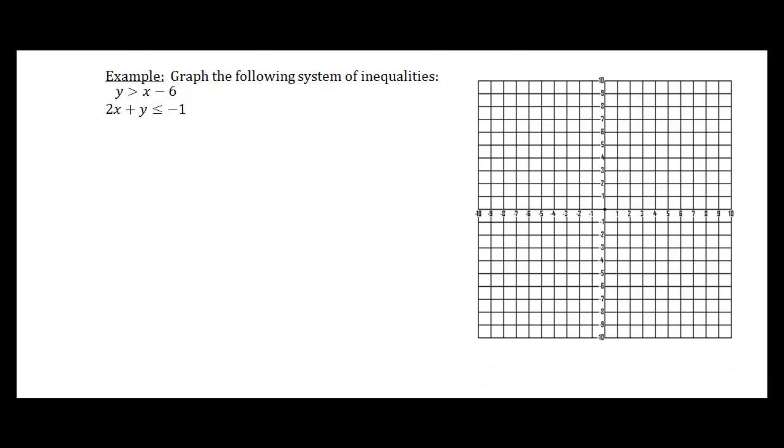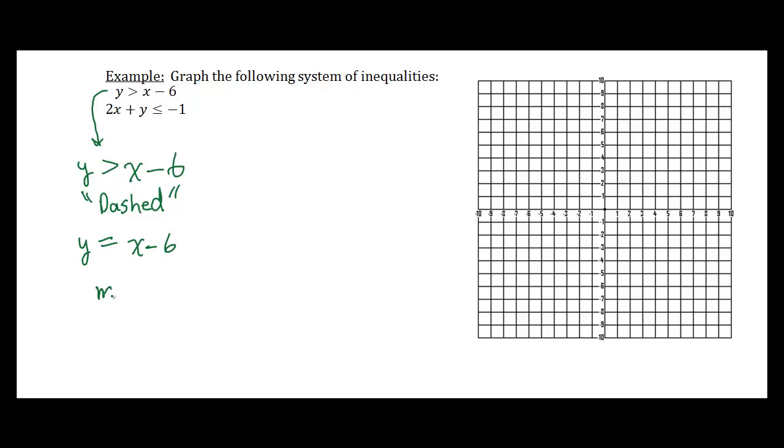Let's look at this example here. All right, well, we have the inequality y is greater than x minus 6. All right, when I see that, I know I'm going to have a dashed line. And what I'm actually going to be graphing is the equation y equals x minus 6.